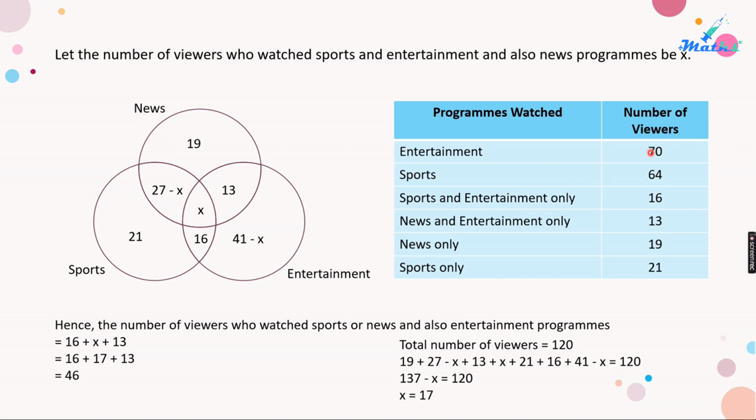Entertainment, we have 70 viewers. So we take 70 minus 13 and 16 and we get 41. Because we already let the middle be X, so it's 41 minus X. And for sport only we have 21, so here we write the 21.